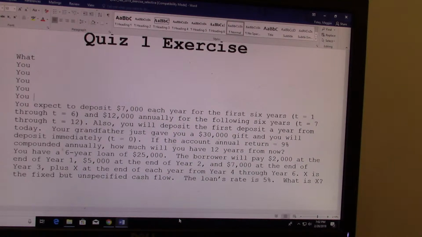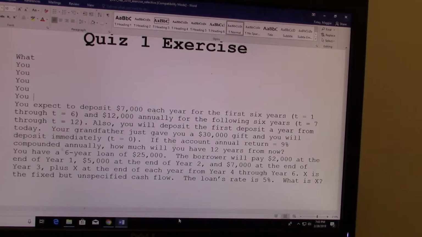The future value from the first annuity is how much you have to start this second annuity, so you use it as the present value. The second annuity's PMT should be $12,000, N equals 6, rate equals 9. Then you calculate the future value, and that should give you the correct answer.